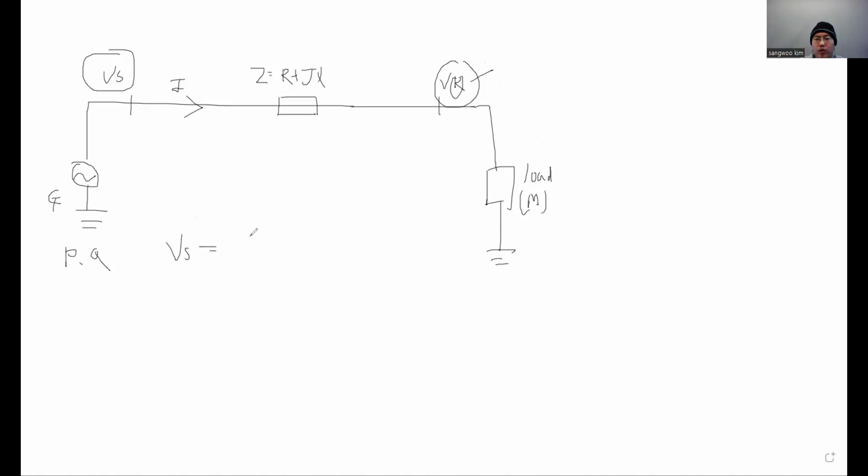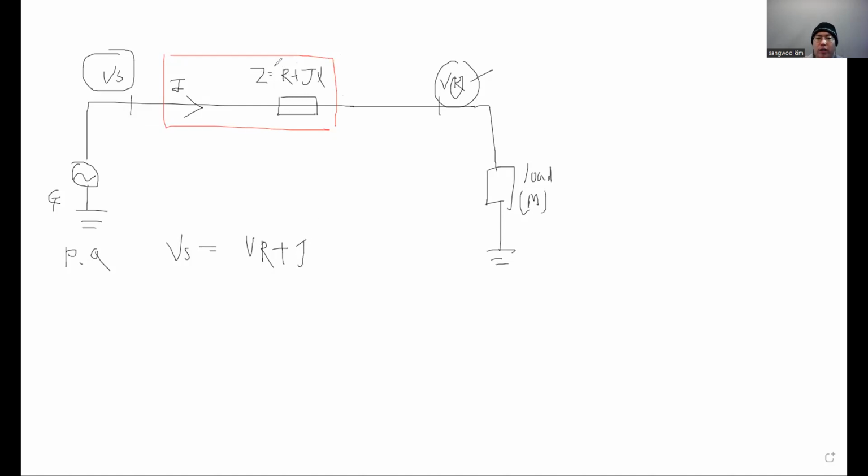Vs equal to VR plus, what is it? This part we could say is the voltage drop, right? So jX, and in the line, you know what I mean?